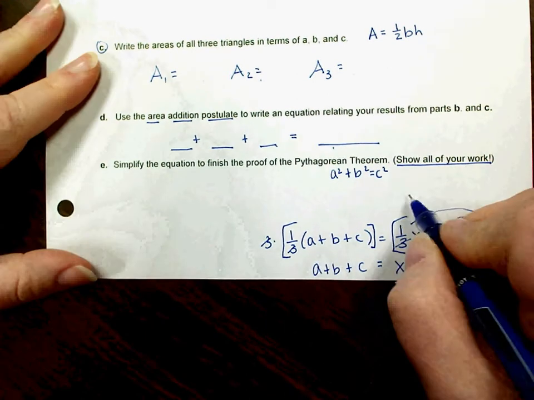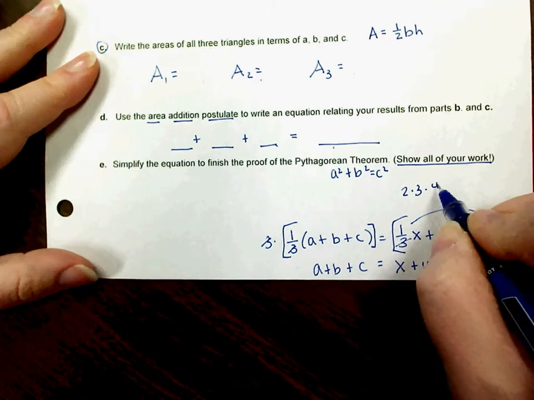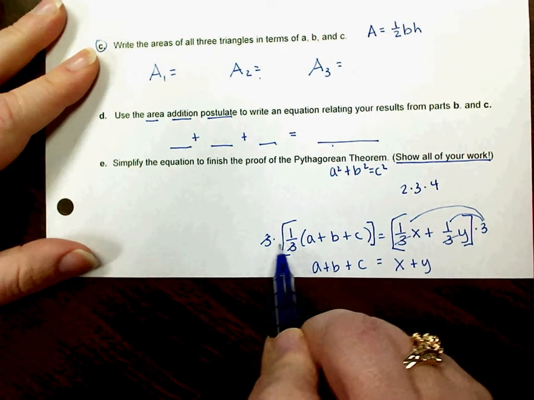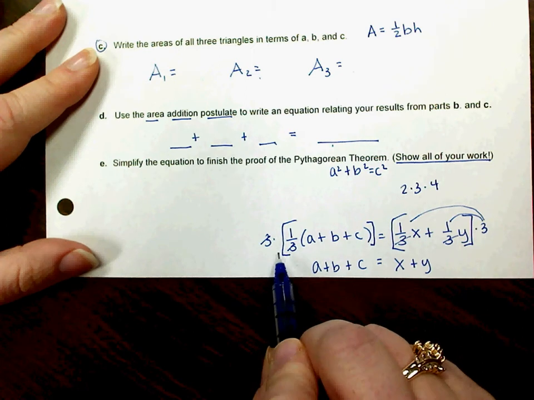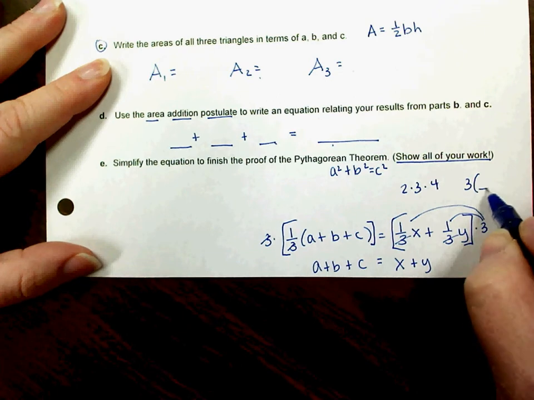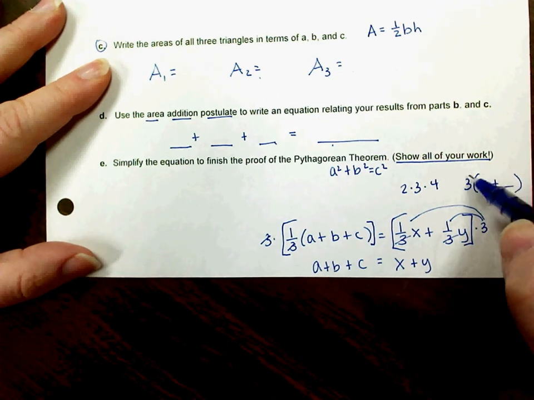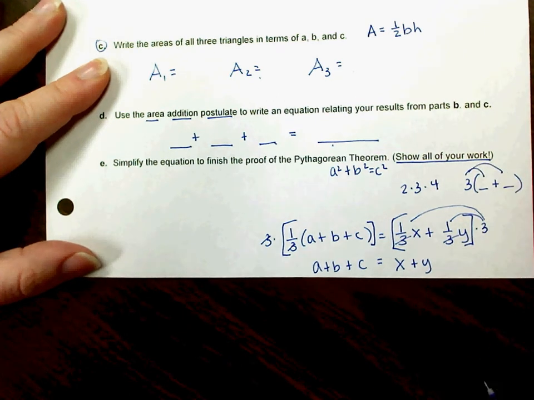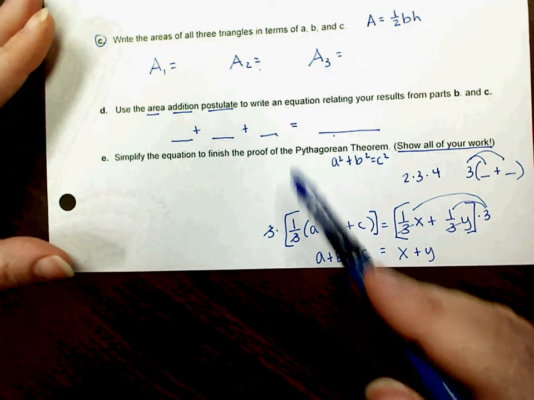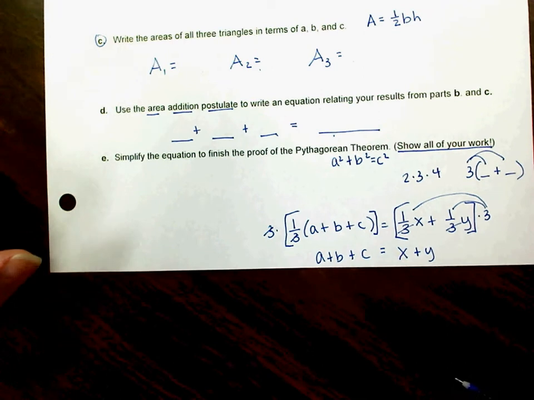So when you have 3 numbers being multiplied together, you can multiply them in any order. So I just chose to multiply these together first, and that simplified to just 1. Here, you're multiplying 3 across the addition of 2 terms, and so you have to distribute. So that's just some algebra help there that might help with the simplifying of the equation.